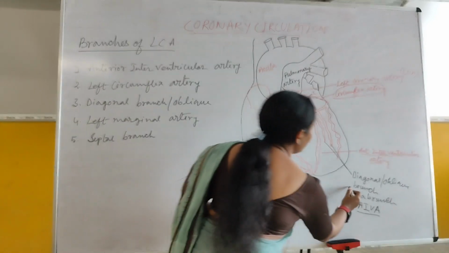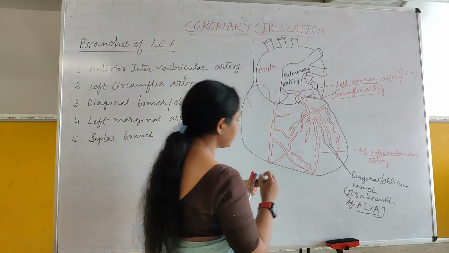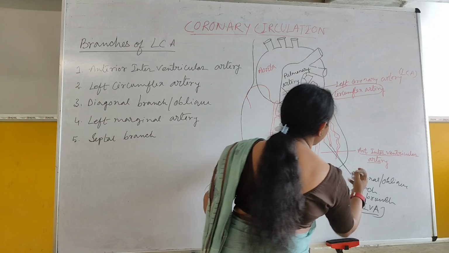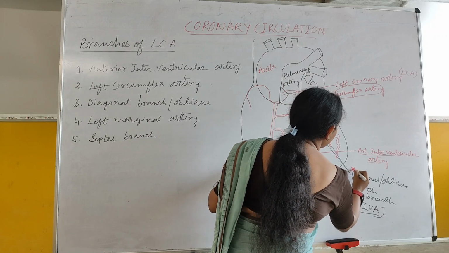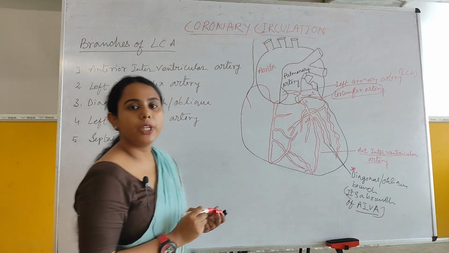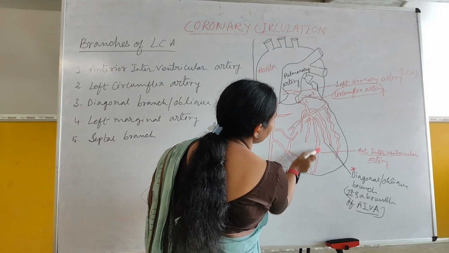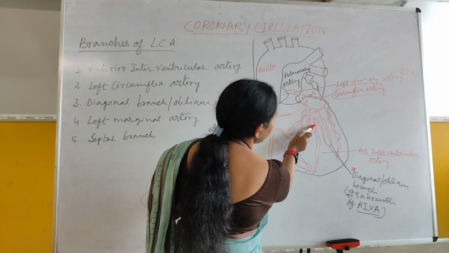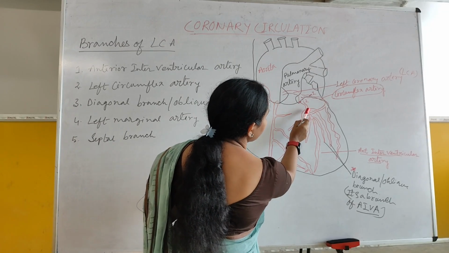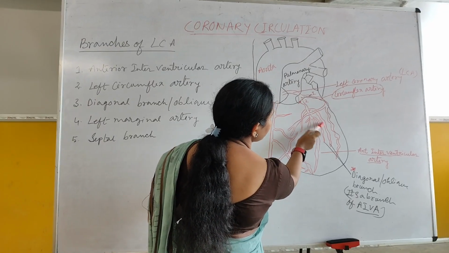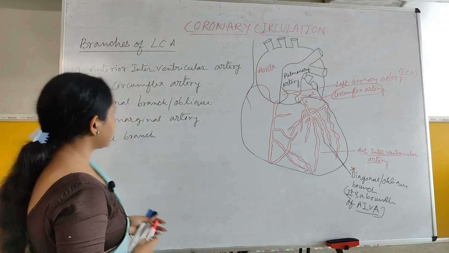Is it clear now? It comes in your exam, so it's important. See, this one is the anterior interventricular artery and it is their oblique branch.